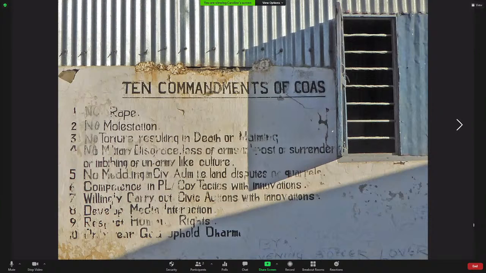But it's rather frightening, the things that they were told that they weren't to do, as if they might be thinking of doing them. The reputation of the Assam Rifles wasn't very good in this area because, as I said, there has been some insurgency now and again, and the relationship hasn't always been very good.